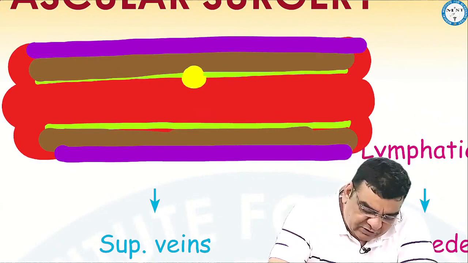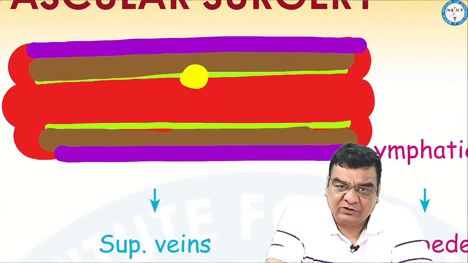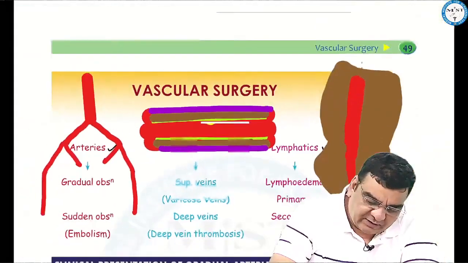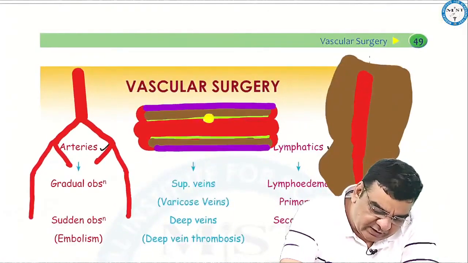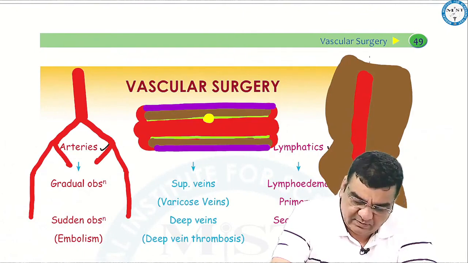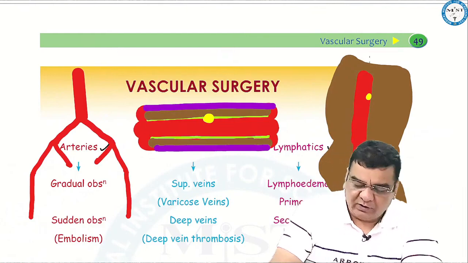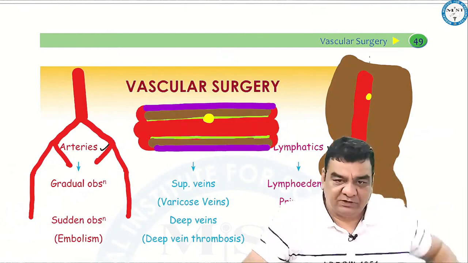Now if this cholesterol is getting deposited, initially it would be very small. For example, suppose there is atherosclerosis developing in this particular area, right? What is going to happen to the patient?